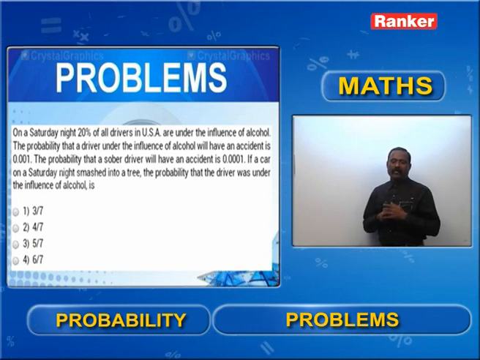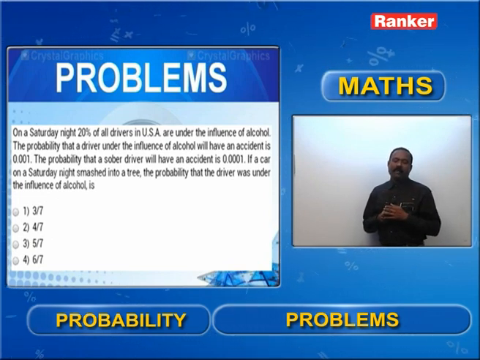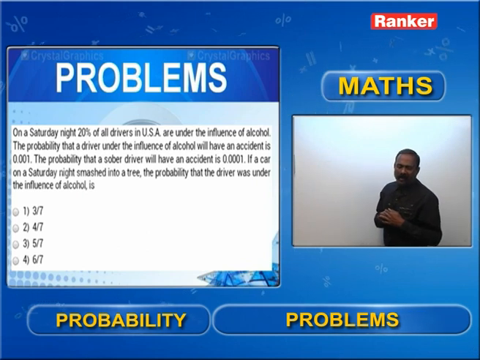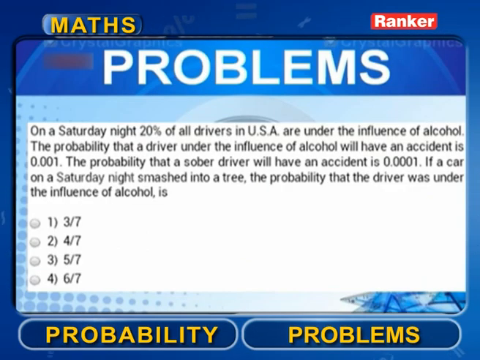The probability that a sober driver will have an accident is 0.0001. If a car on a Saturday night smashed into a tree, the probability that the driver was under the influence of alcohol is?